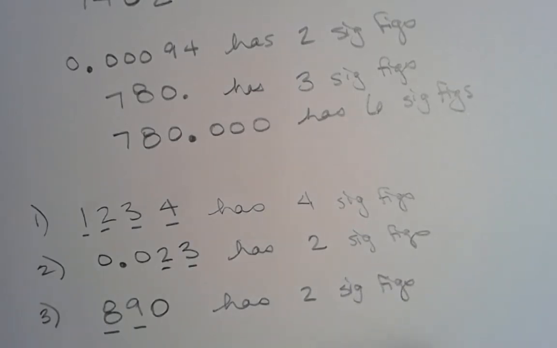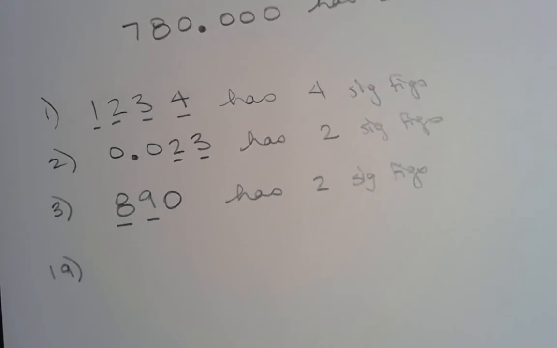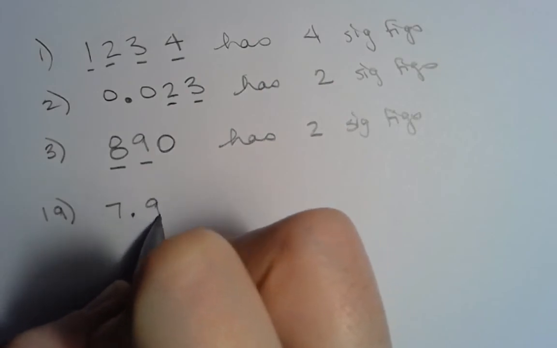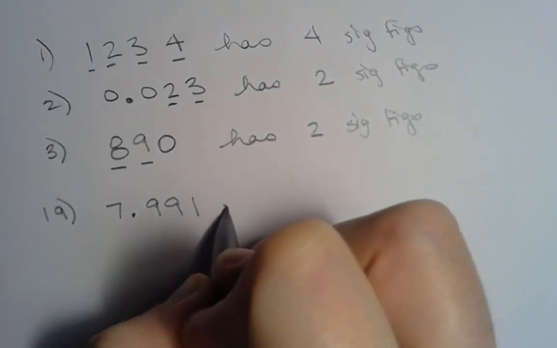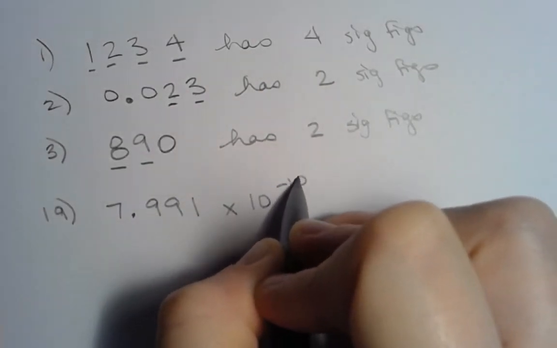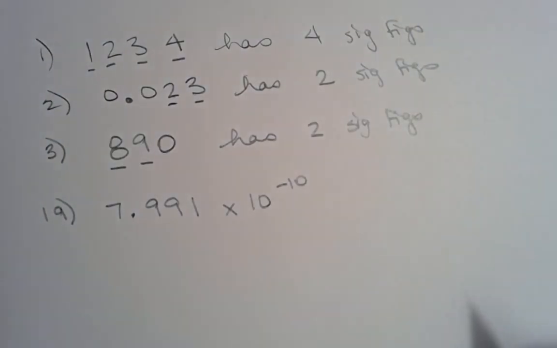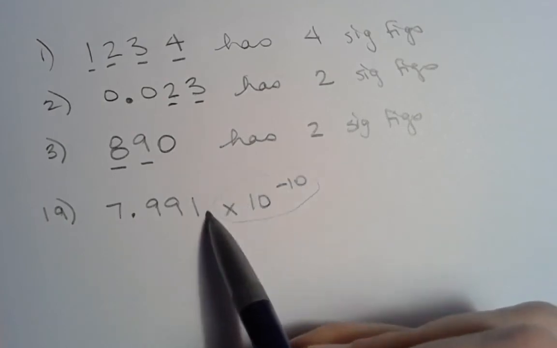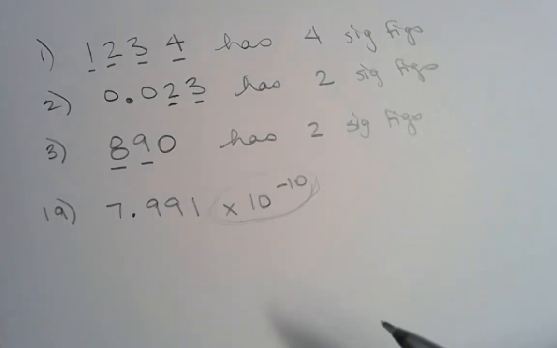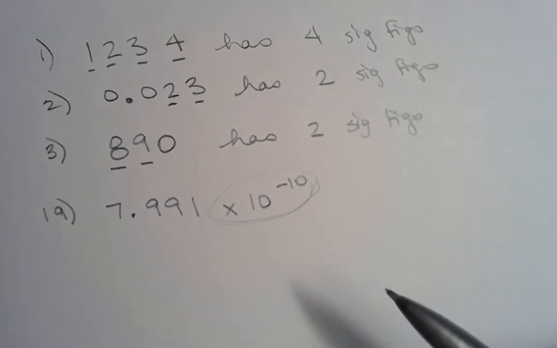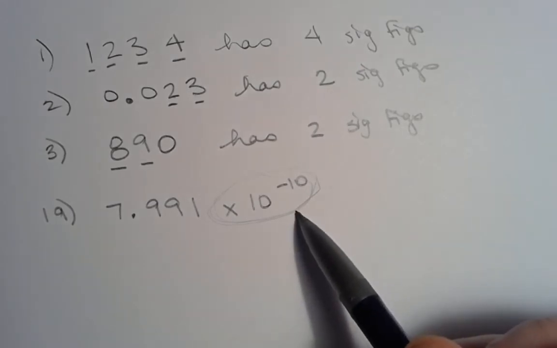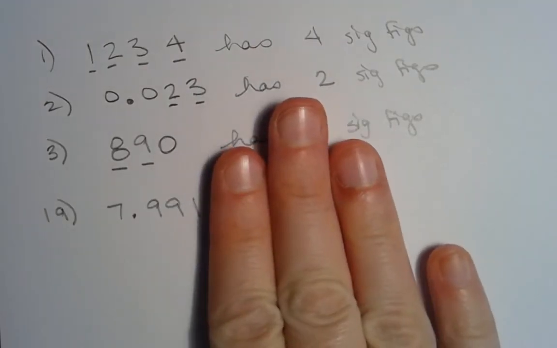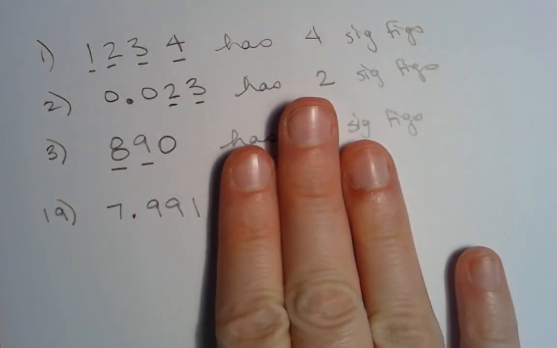And last but not least, we'll do number 19. And number 19 says this number. This number is a little tricky because it has this times 10 to the something. In these 2 weeks of math, we will get into and conquer this. We haven't done it yet, so for today, just completely ignore that.